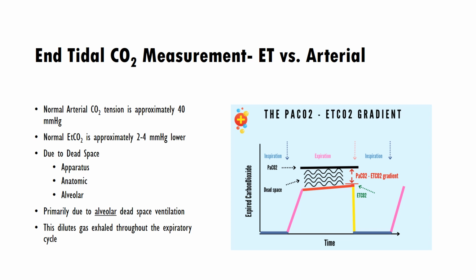And then there's also alveolar dead space, which includes alveoli where there's ventilation but no perfusion, or atelectasis. Now, this difference in end-tidal CO2 is mostly due to alveolar dead space, because the other sources of dead space are washed out through the respiratory cycle. But the alveolar dead space we are unable to overcome throughout the respiratory cycle, and thus we see this difference.